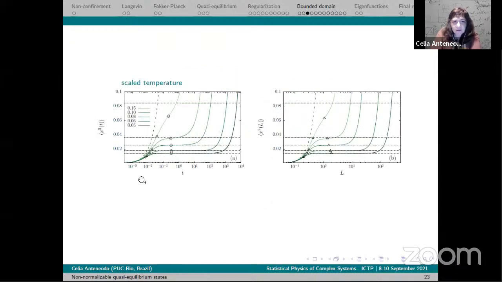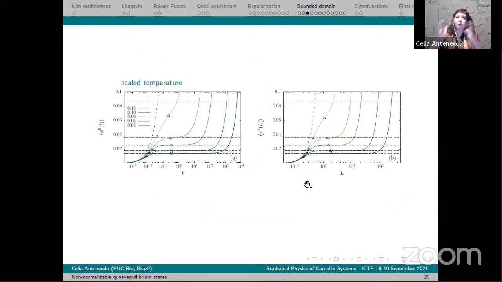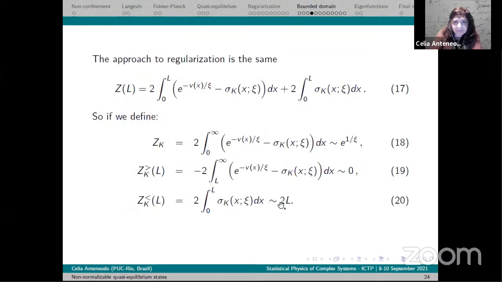Here is a comparison of the result for the time evolution and the result using this approximation. Obviously, the prediction will have the same values. It is as if, by putting the wall far from the origin, we were letting the particles diffuse far away.